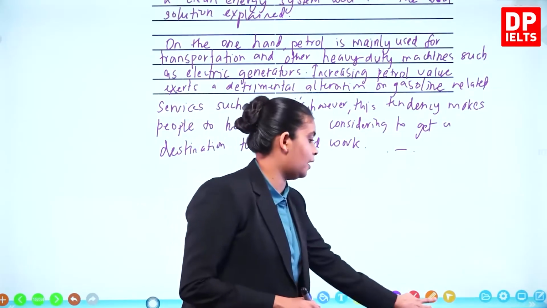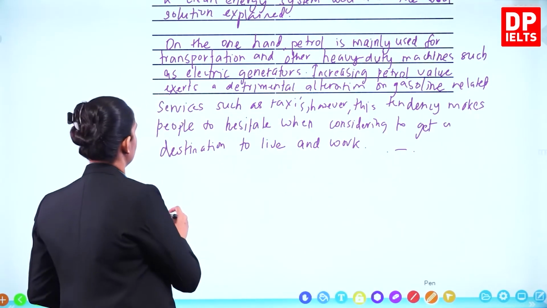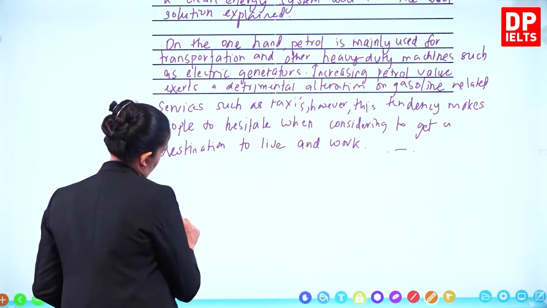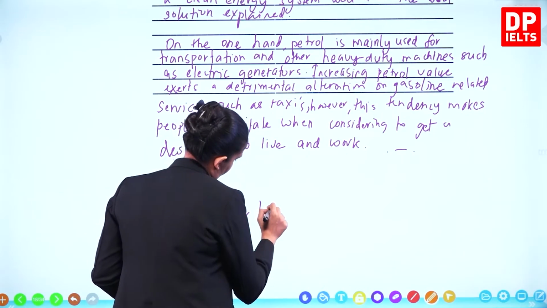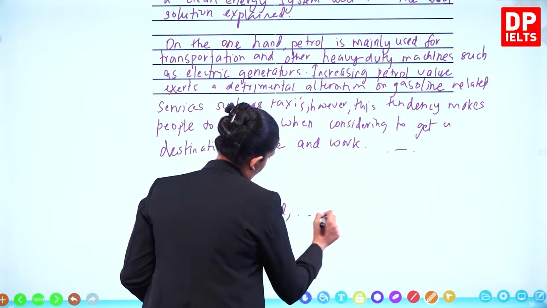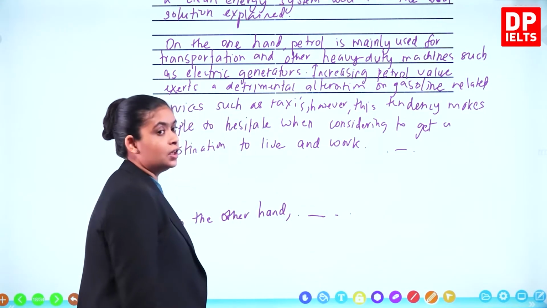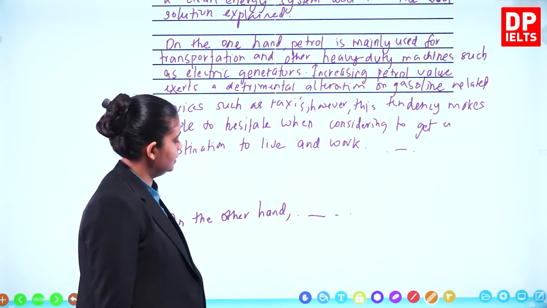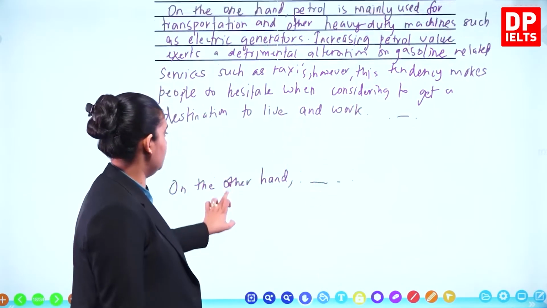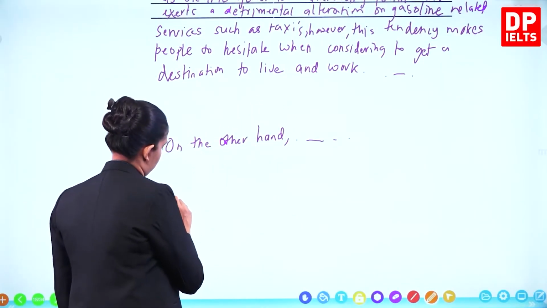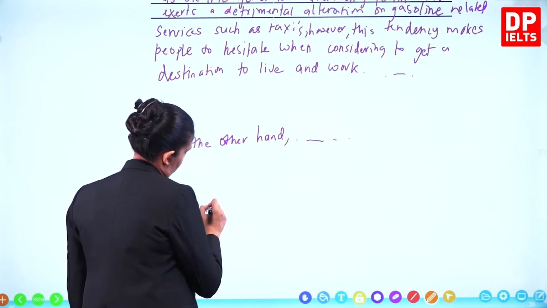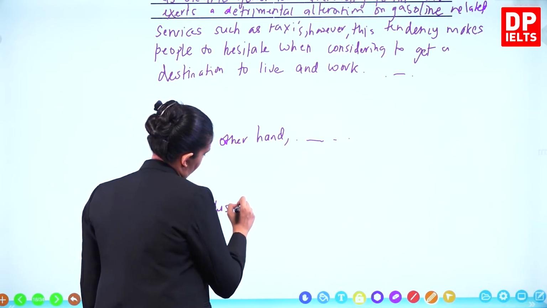And then the next para, once you complete the idea of this, you can say, on the other hand, and then talk about the alternative methods. And then once you finish that para, you can jot down your conclusion. So start off the para by saying, in conclusion.